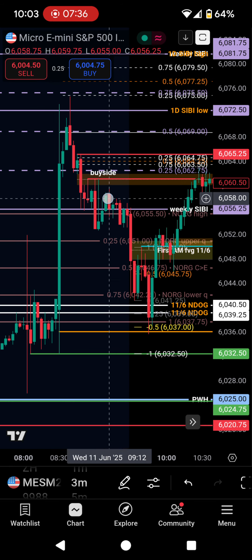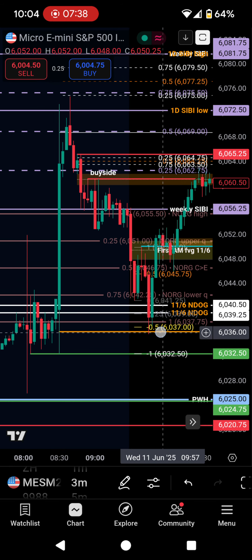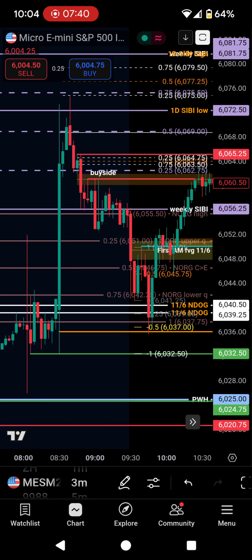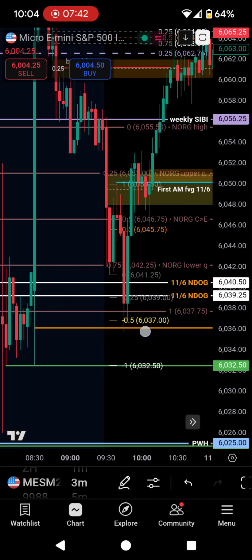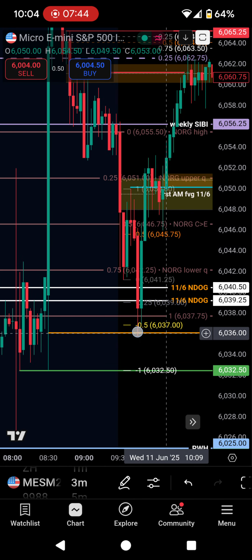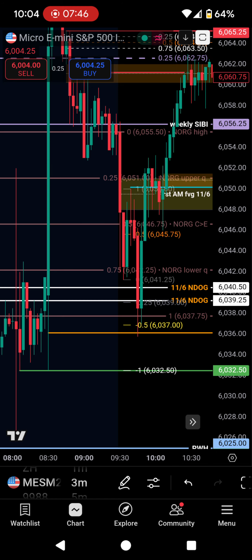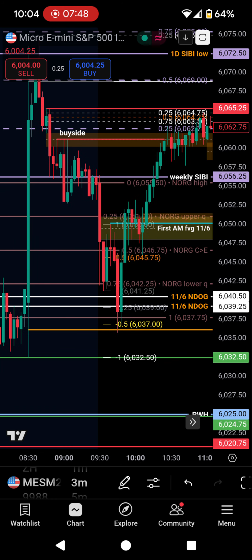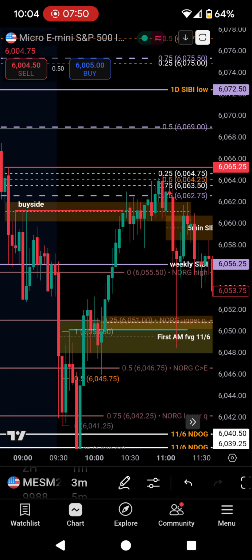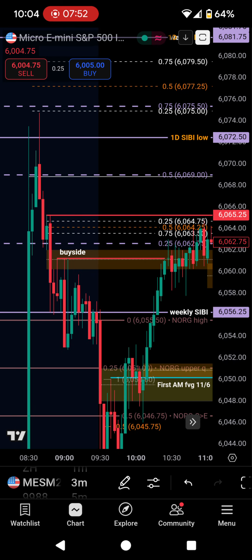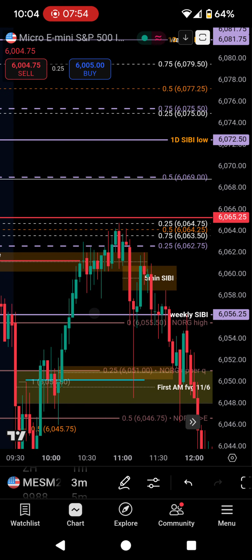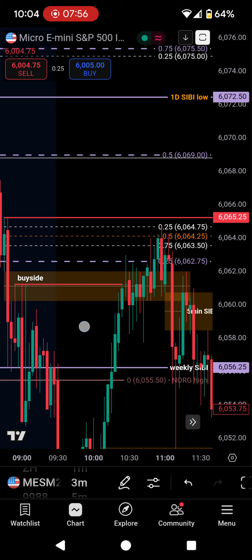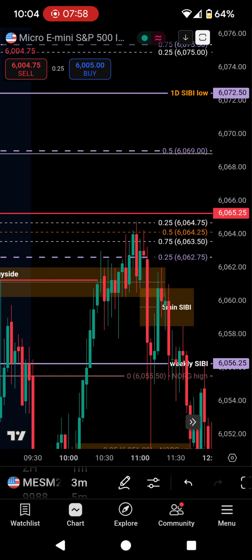But then later price draws back lower to where? To the CE wick here, and to this orange line, to this CE wick here, and beautifully rejects higher, back up to the CE wick of the 5-minute here.